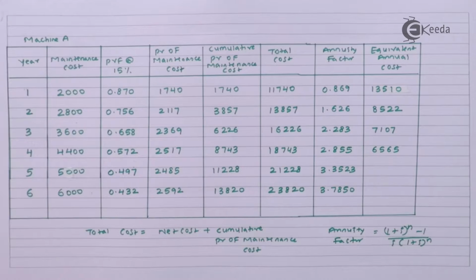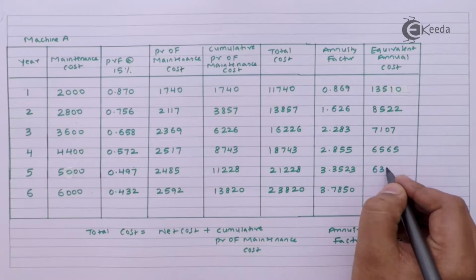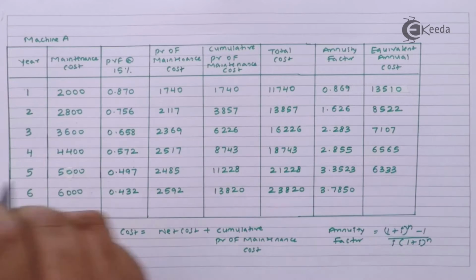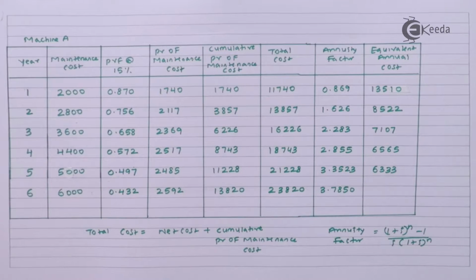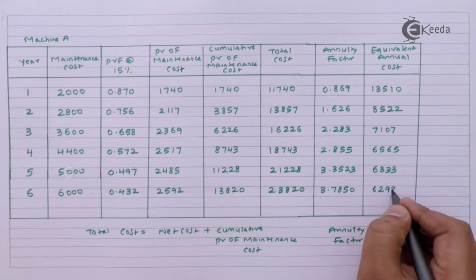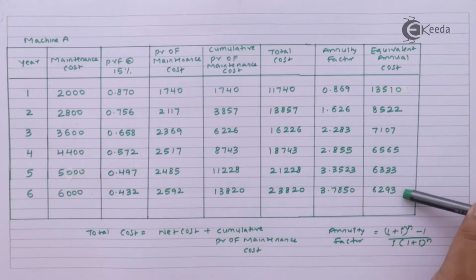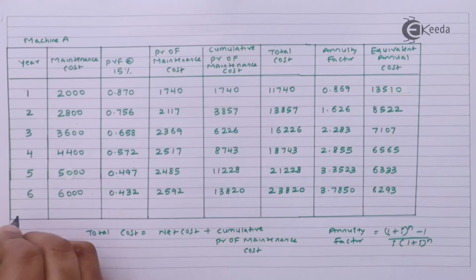Next it will be 21,228 divided by 3.3523, which comes to 6333. And next it will be 23,820 divided by 3.785, 6293. So my equivalent annual cost is decreasing, so I need to do it for the 7th year also.